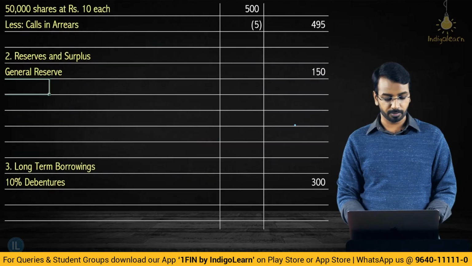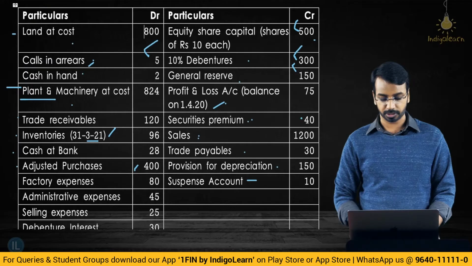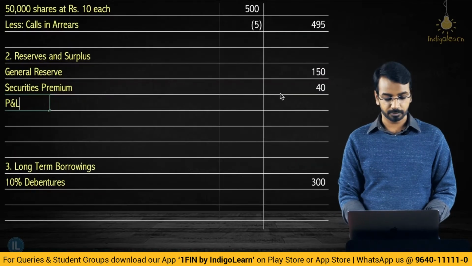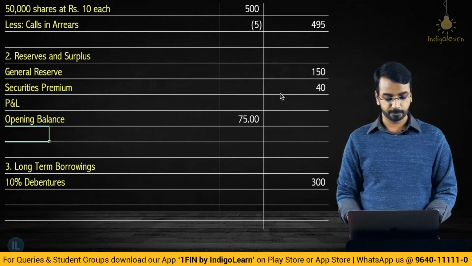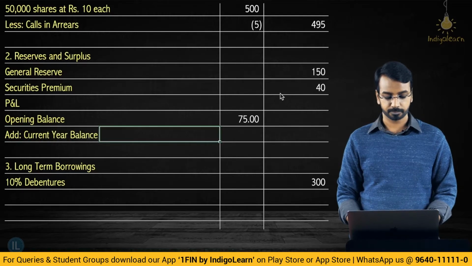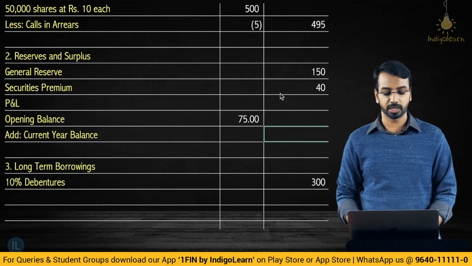Apart from that, you have securities premium 40, for this also you can put a tick. Then you have P&L opening balance 75. So P&L opening balance 75, add current year balance. Okay, so whatever is the balance, we'll add it and we'll get to the number.